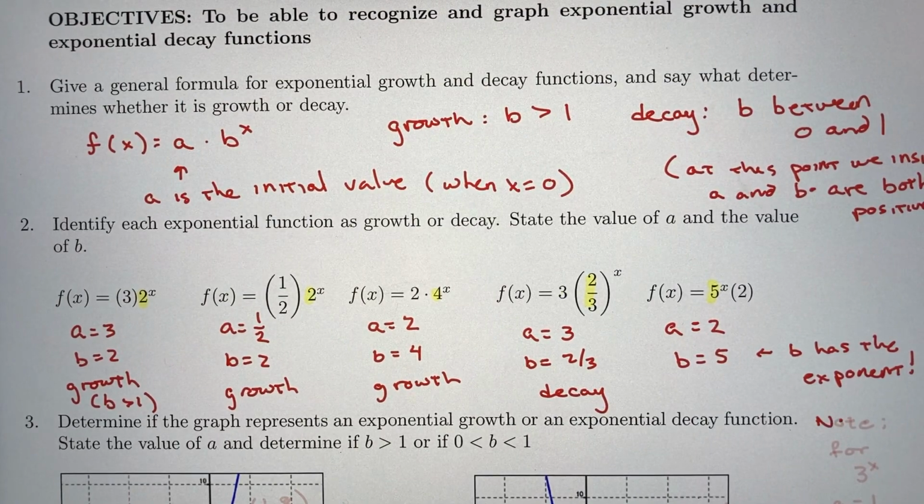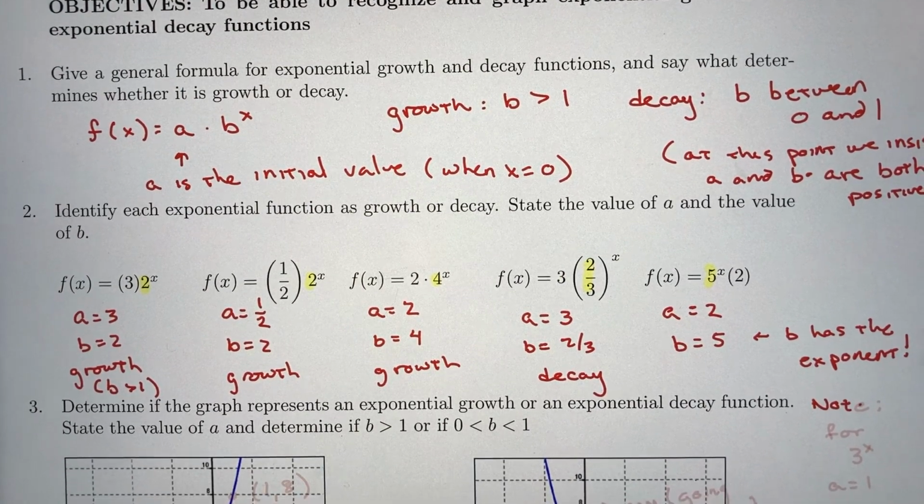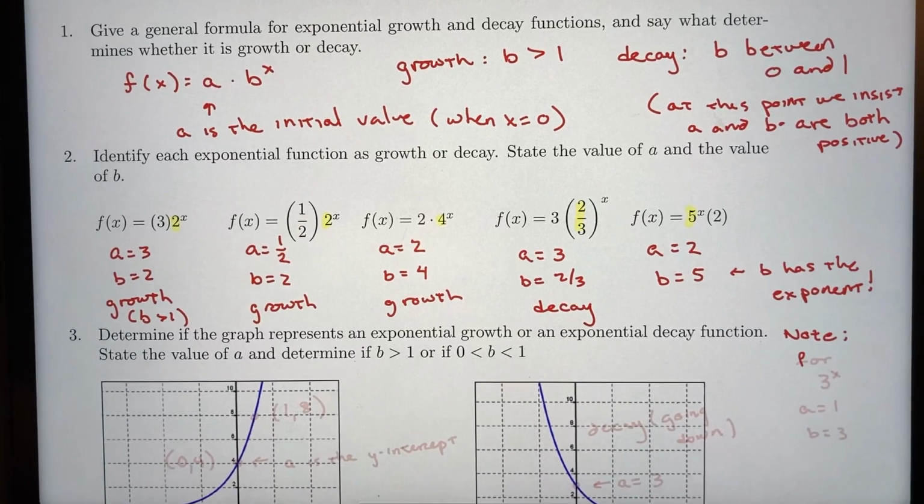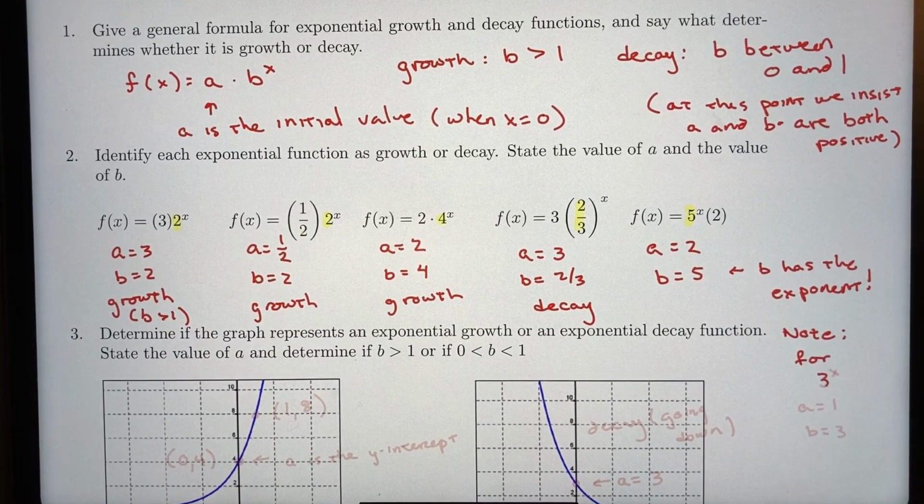A little note, I didn't include one of these, but if you don't have a number that doesn't have the exponent, then a is 1, just to remind you.